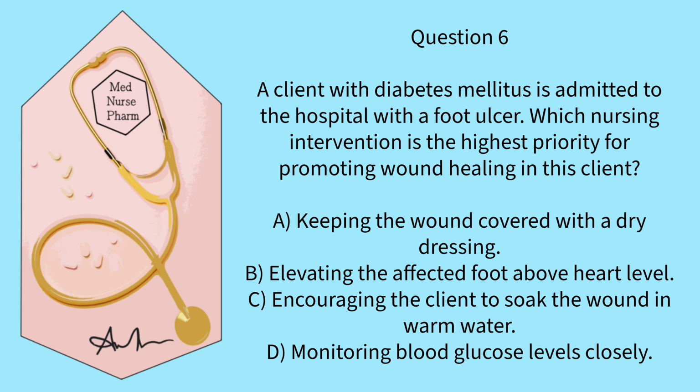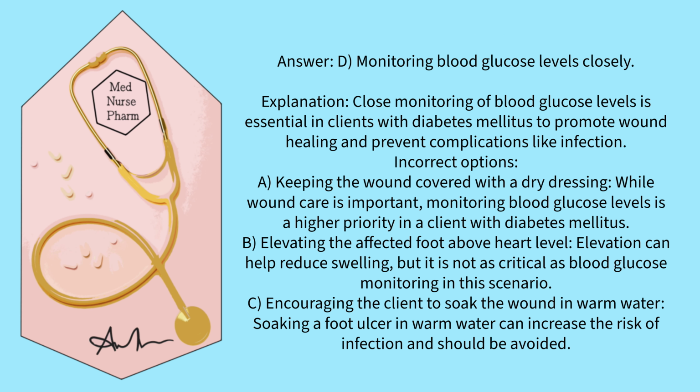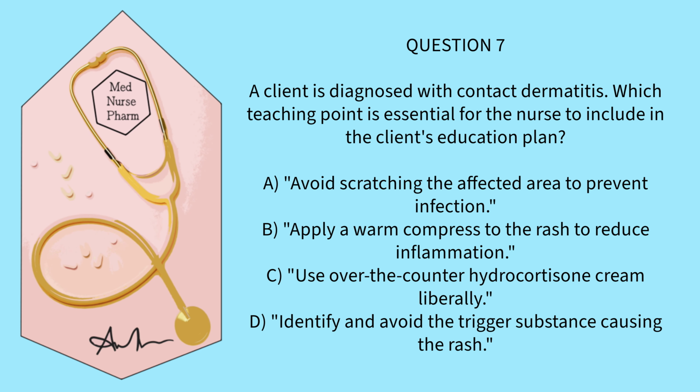Pause the video and select your answer. If you chose answer D, you are correct. Monitoring blood glucose levels closely. Close monitoring of blood glucose level is essential in clients with diabetes mellitus to promote wound healing and prevent complications like infection.